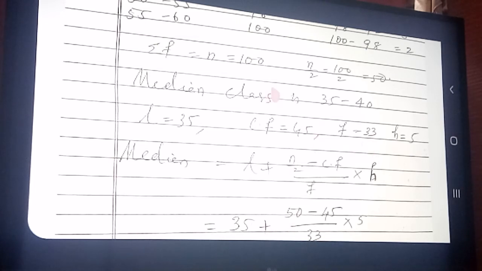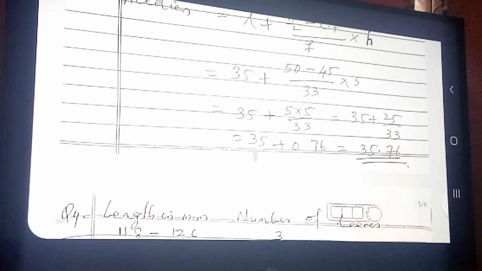Just by simply applying this conversion, converting to an ordinary table, the remaining is all the same as the previous one. So 35, n by 2 is 50, CF is 45, f is 33 and class size is 5. Okay, see the next page. So calculations only here, see the calculations. Okay, clear now?